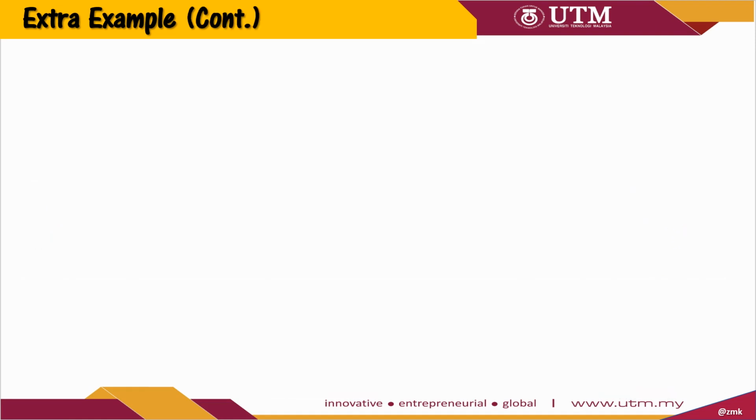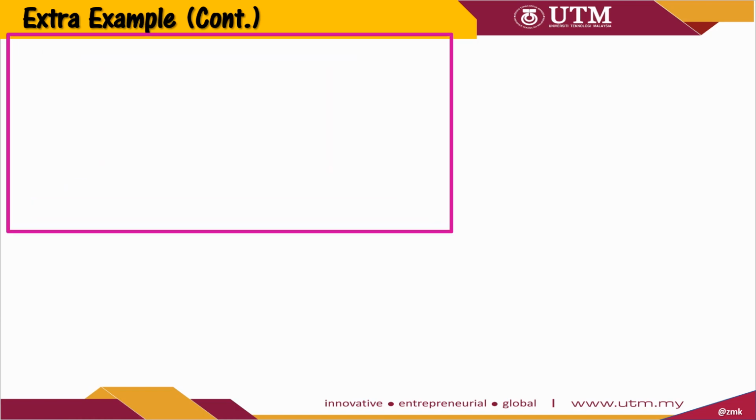Proceed with solving the extra example where we want to investigate whether the data observed by the QC engineer provides any evidence to support the supervisor's claim that the morning shift employees are more efficient, that is, work faster than the evening shift employees at 5% level of significance. In terms of the assembly time, the statements of hypothesis can be written as follows.